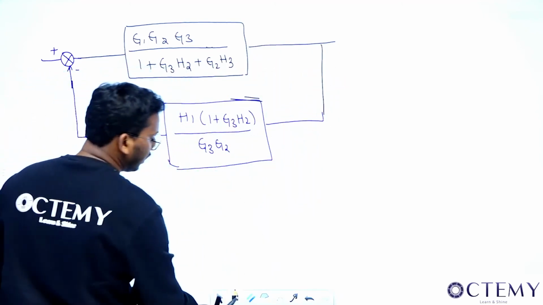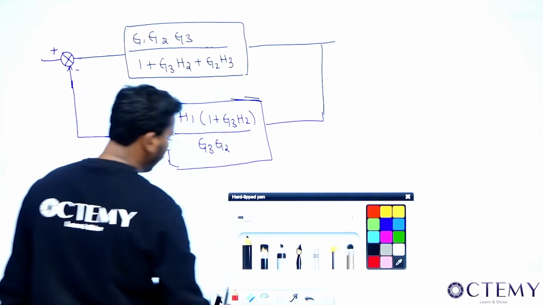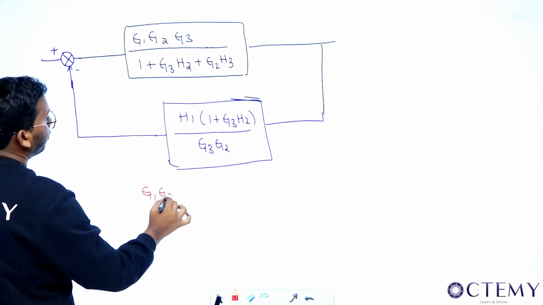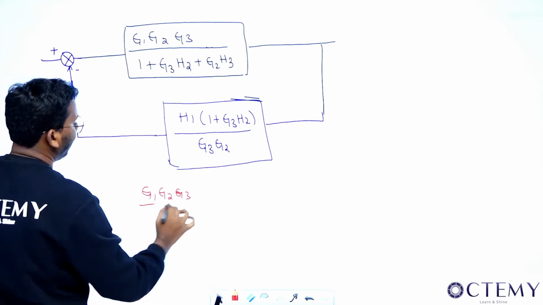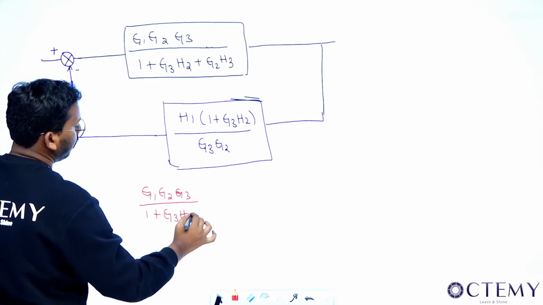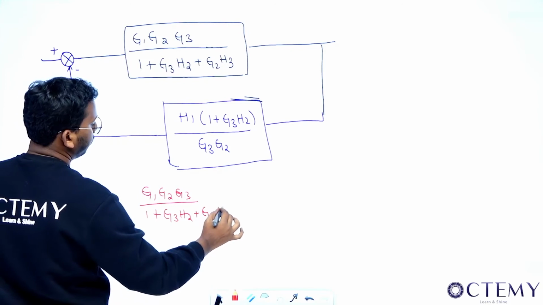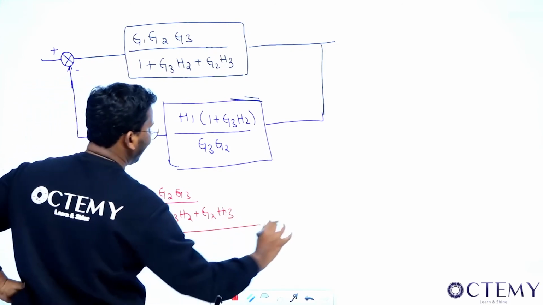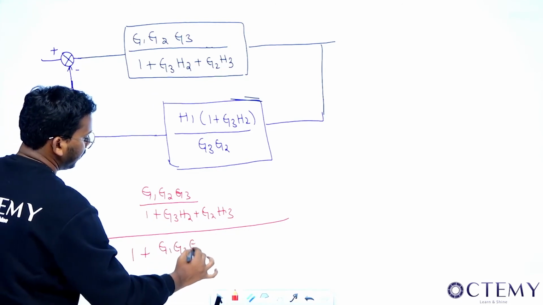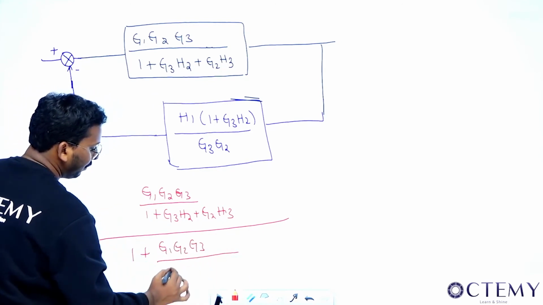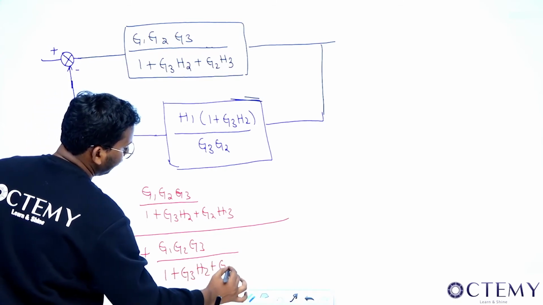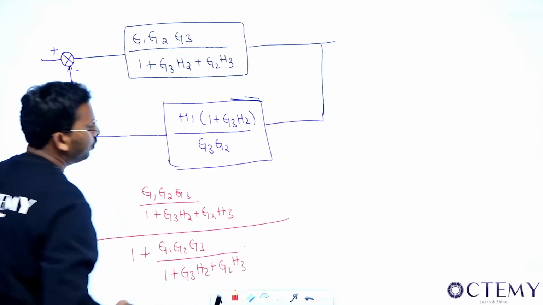Now see sir, the answer is simple. See what the answer will become? Forward path, that is G1, G2, G3 divided by 1 plus G3H2 plus G2H3, whole divided by 1 plus same thing G1, G2, G3 divided by 1 plus G3H2 plus G2H3 into this particular block.